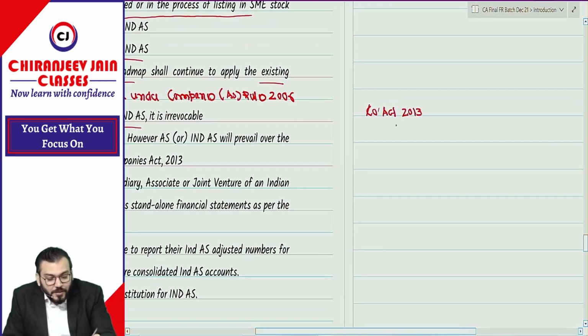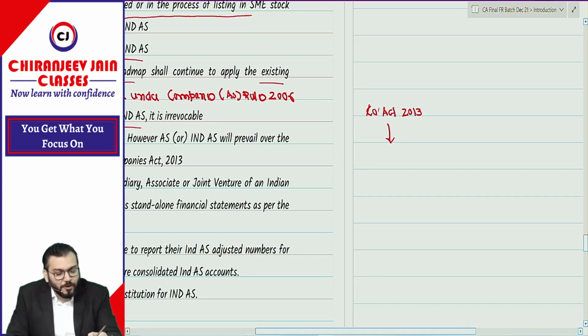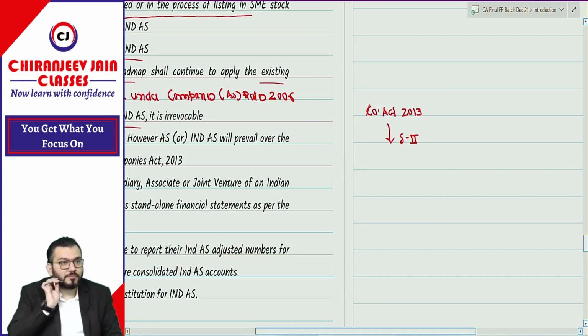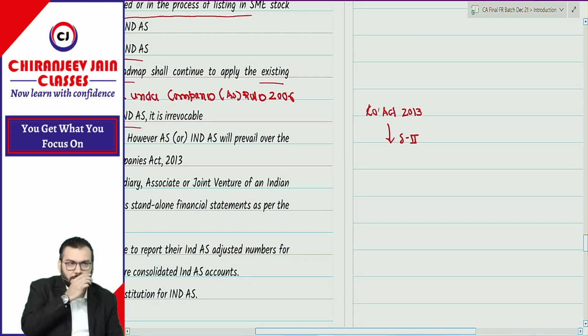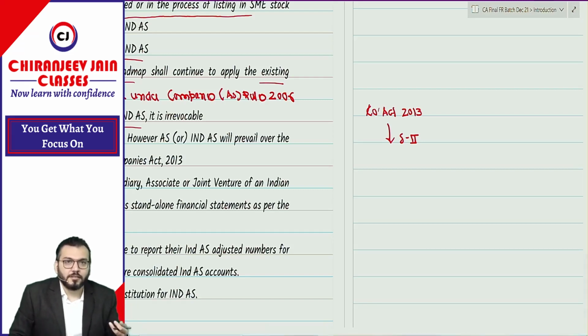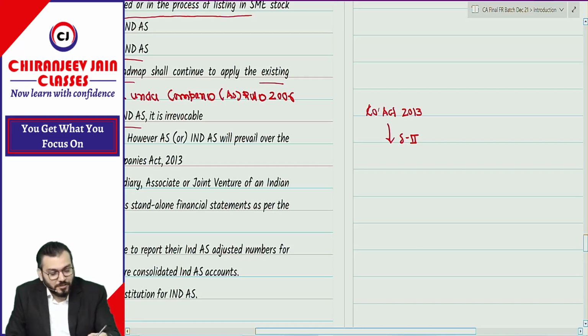2013 has many schedules. Schedule 1, 2, 3, 4. You know about Schedule 2? Schedule 2 of Companies Act is for what? Depreciation.